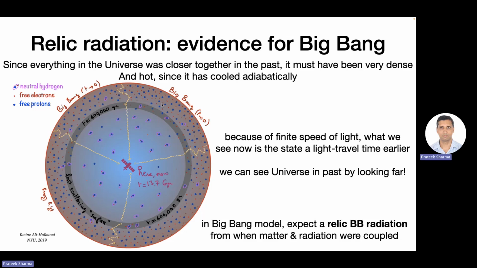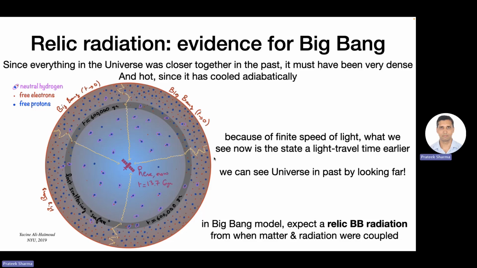And if it was hotter than, say, 5,000 Kelvin or something like that, the hydrogen will get broken into protons and electrons. It becomes ionized. So this is the stage when the universe was totally ionized. This is before the last scattering surface, where the CMB comes from. Okay, and you can actually see the photons doing this random walk.